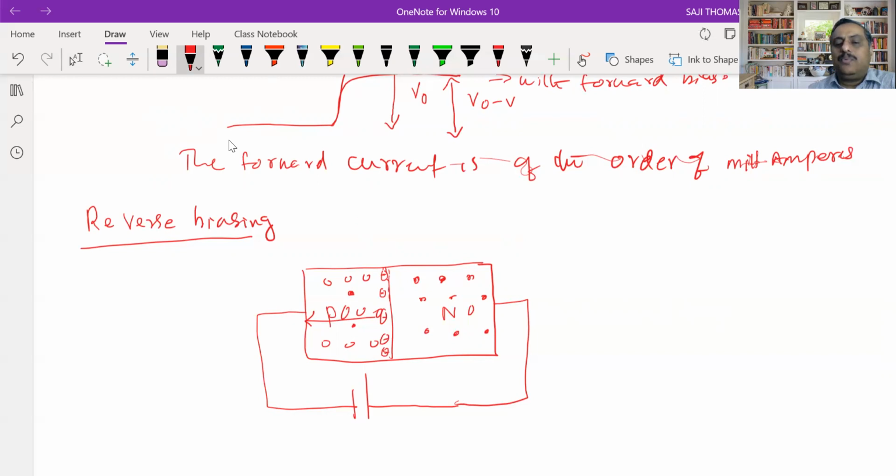Similarly, the positive terminal attracts the electrons away from the junction. So at the junction, the positively charged cores increase. So what will happen? The width of the depletion layer increases. So this width of the depletion layer becomes more.